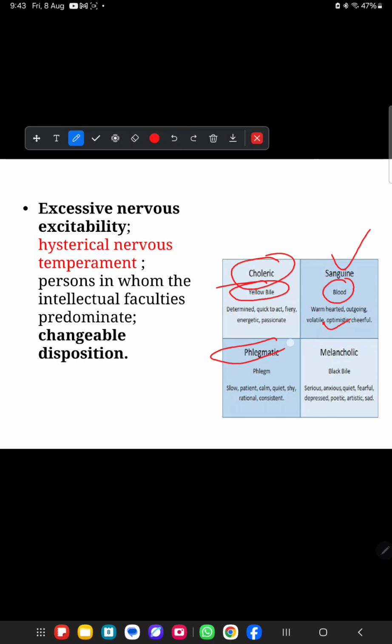And the phlegmatic is related with the phlegm. Those patients are cool, calm, शांत, गाय की तरह होता, शांत होता है. That we can correlate with the phlegm, and that is a phlegmatic temperament. And melancholy: those who are sad, depressed, anxious, fearful, that is related with the black bile, melancholy temperament. यहाँ से कई बार क्वेश्चन आता है. ओके, जस्ट ट्राई टू रिमेम्बर.